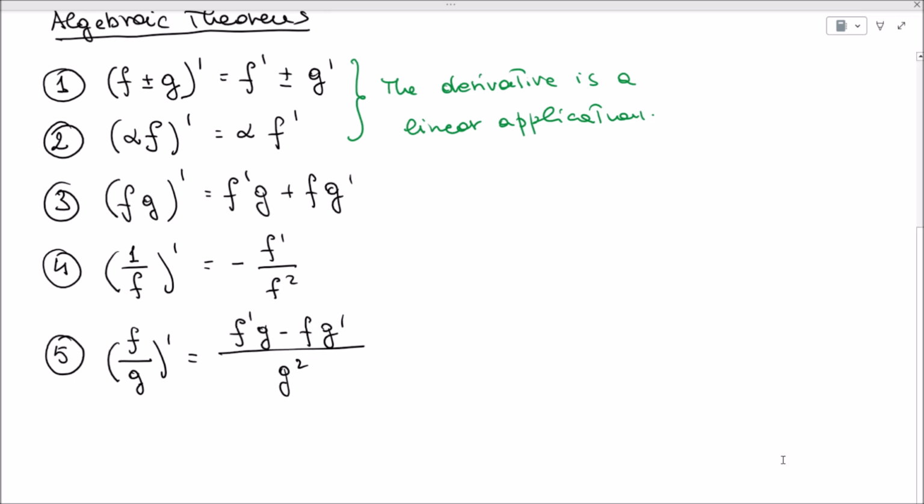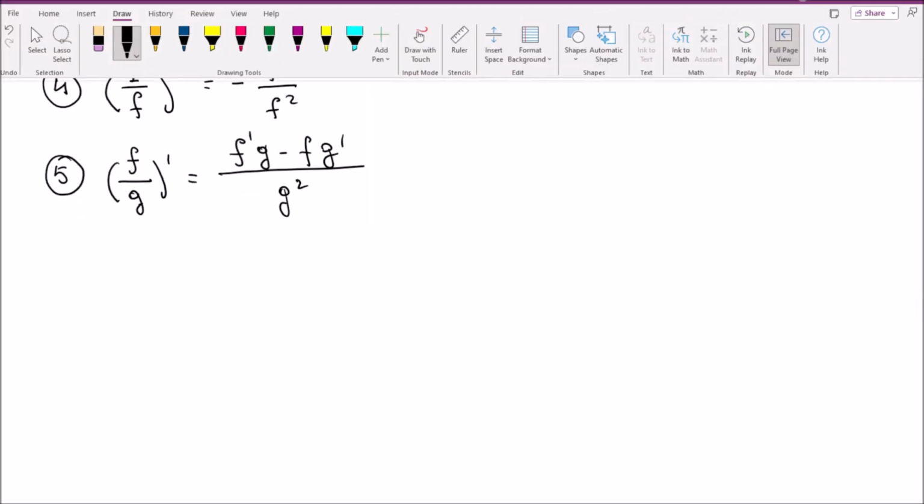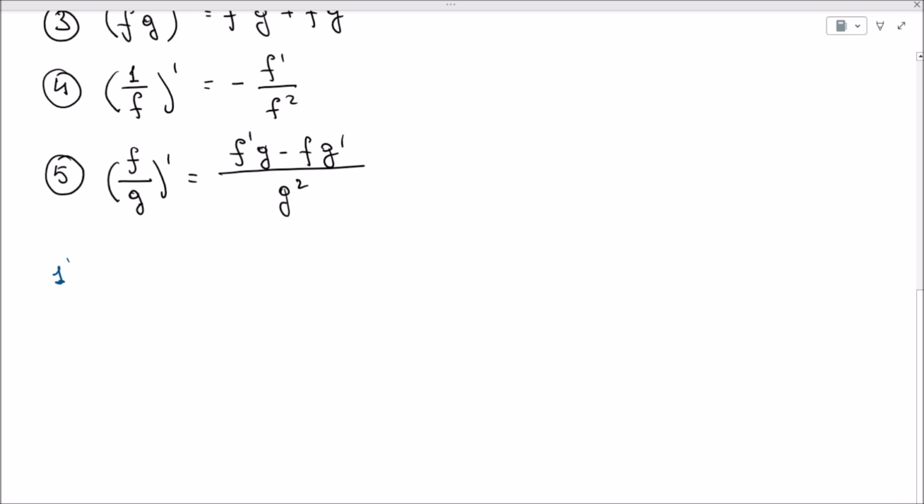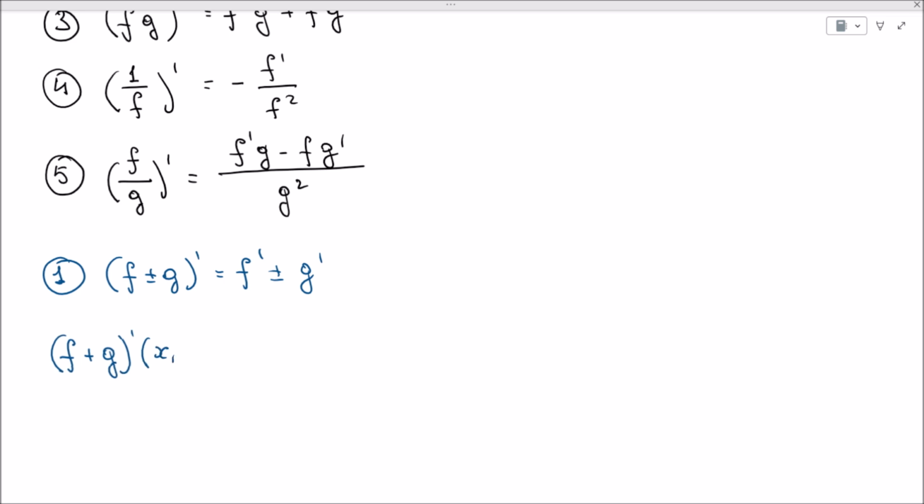Okay, so we will now prove each of them, and let's start with the proof of theorem 1, namely the fact that the derivative of f plus or minus g is equal to f prime plus or minus g prime. Now let's prove the sum, because the difference is totally analogous. What is f plus g prime at a specific point x naught?